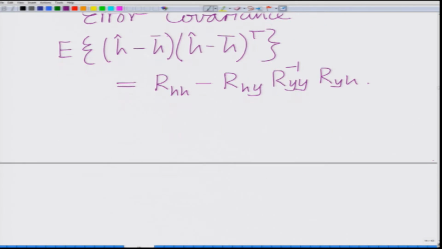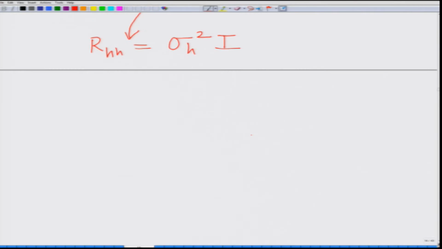And now we also know each of these quantities. We know that R_HH equals sigma_h squared times identity, and R_HY equals sigma_h squared times X transpose.